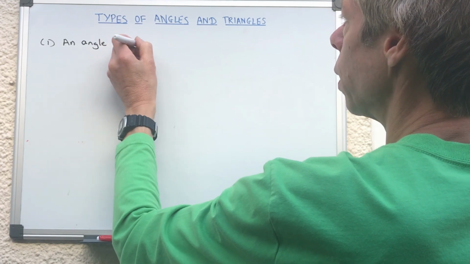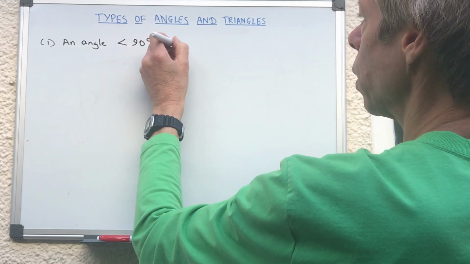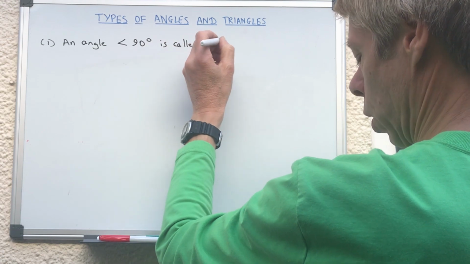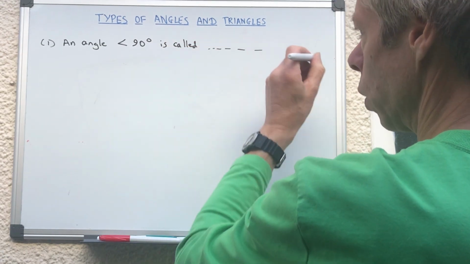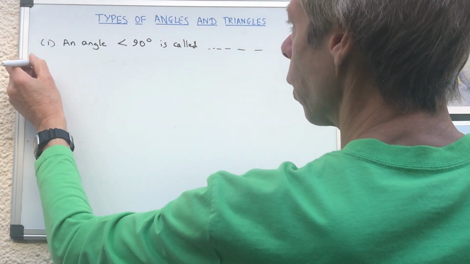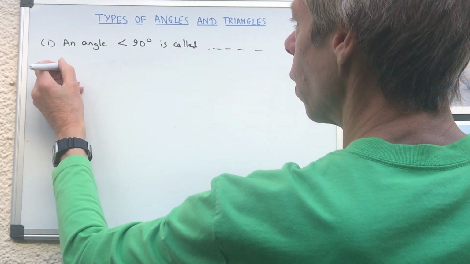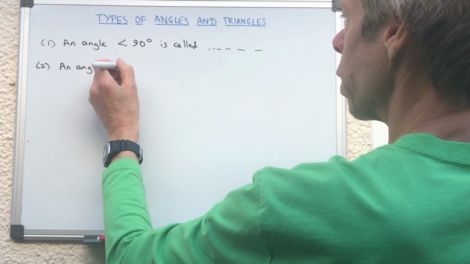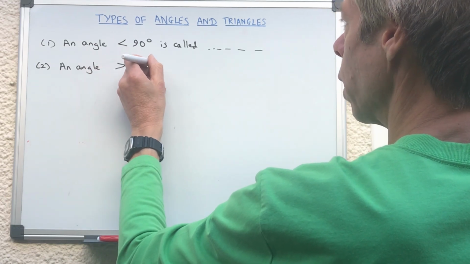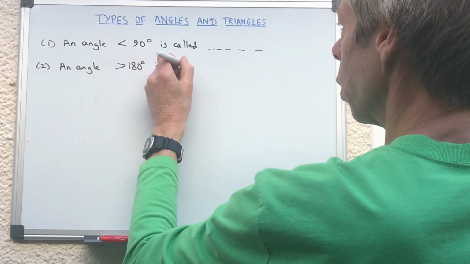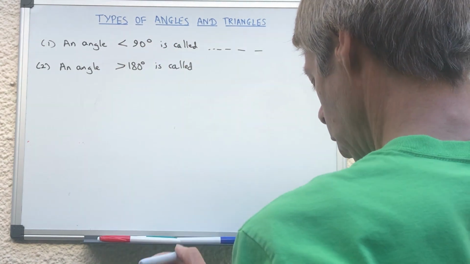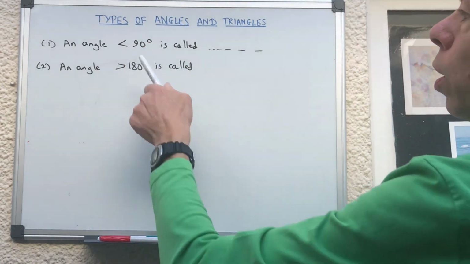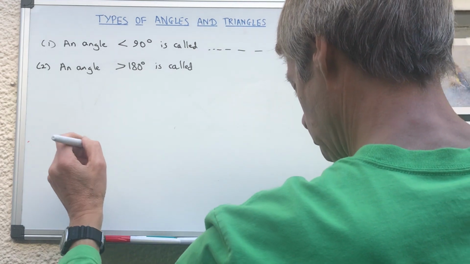Right, so question 1, an angle less than 90 degrees is called, so what's that called? And then question 2, an angle greater than 180 degrees is called, okay, so less than 90 or greater than 180.